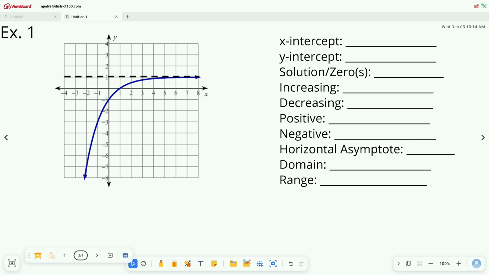That's right, Miguel. Now that we have a horizontal asymptote, it's going to be a y equals, because a horizontal line is a y equals a number. That's the only thing that's different, the only new vocab for this particular lesson. Obviously, the graphs are looking different, but all of the same key features that we've been learning, since I love doing y's in red.